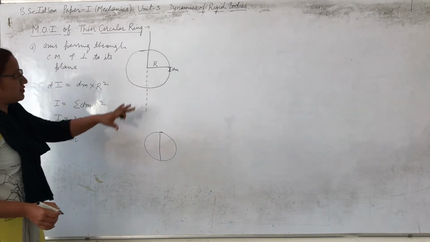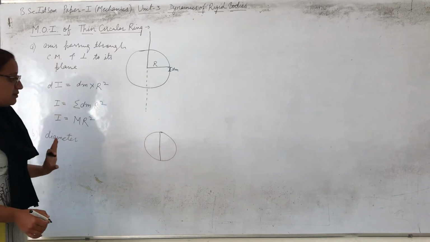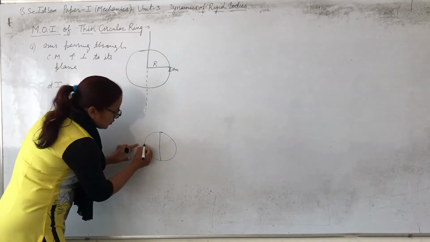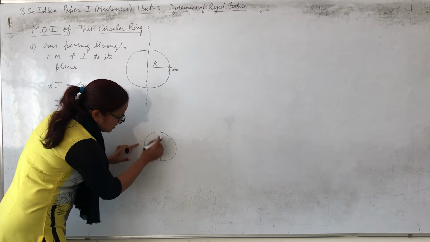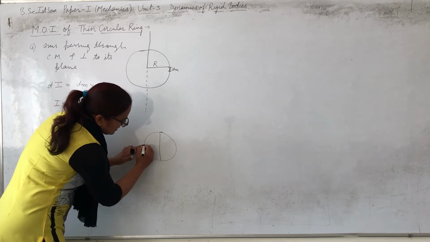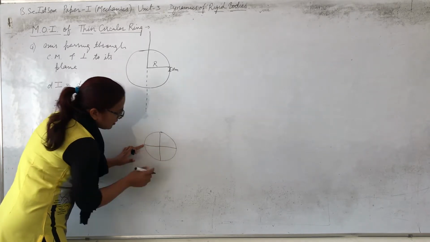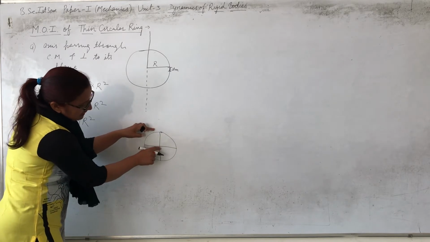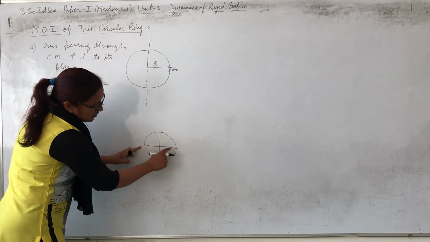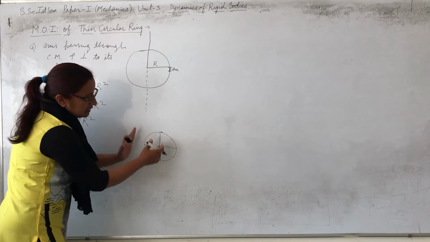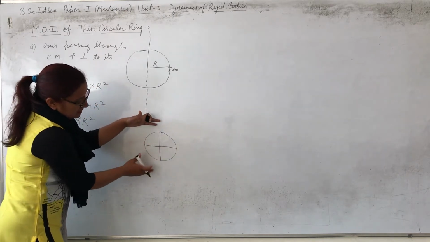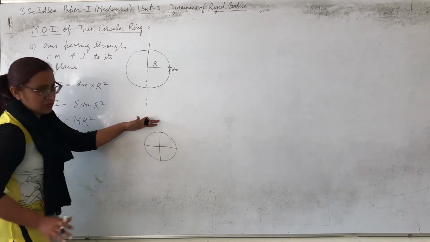Moment of inertia of this circular ring about its diameter. Students, this axis may be like this, or we can represent this axis like this also, because this axis is passing through its center, this axis is also passing through its center, so both are representing the diameter, and these two diameters are mutually perpendicular to each other.